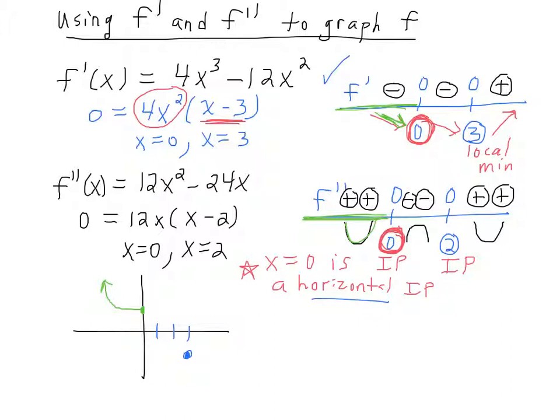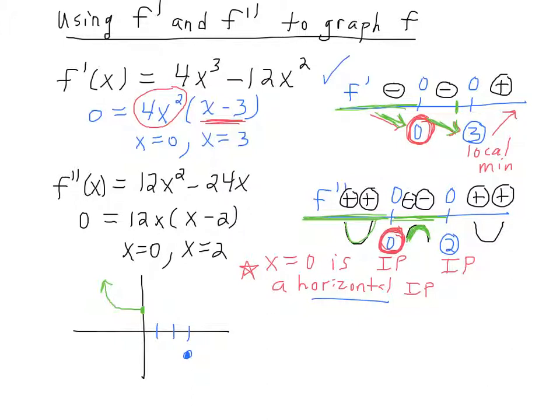Now let's focus in on between 0 and 2. And 2 up here, we could say is about there. We know from up above, from 0 to 2, it's going to have to be decreasing. And looking down below here, we know it has to be bent downward, or concave down. So we need to draw something here that is decreasing and concave down.